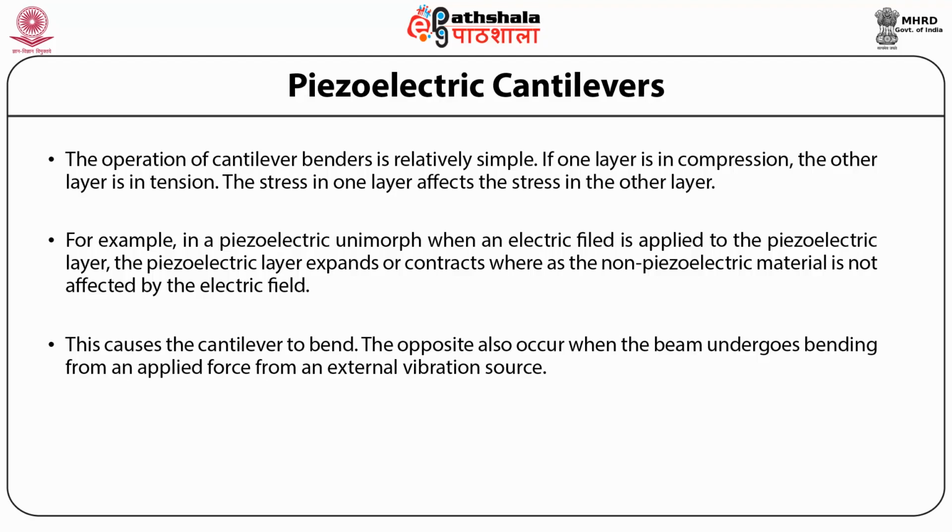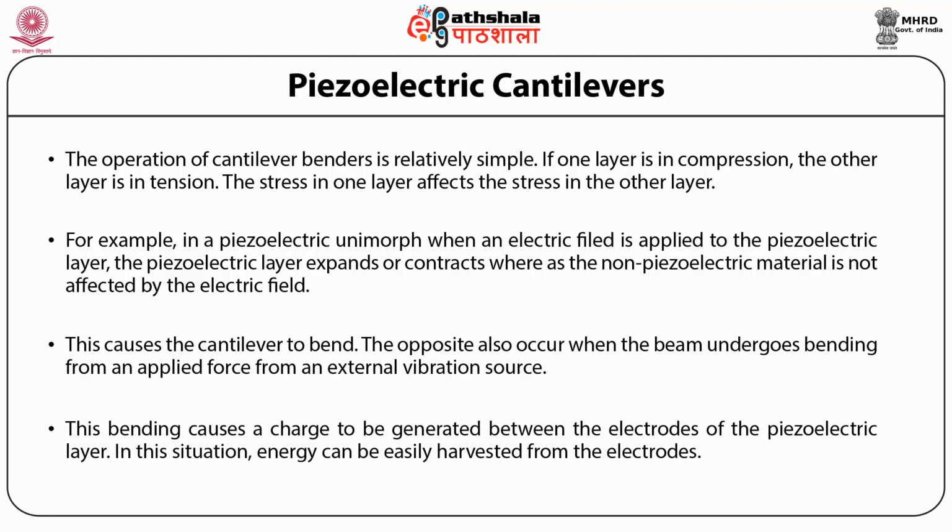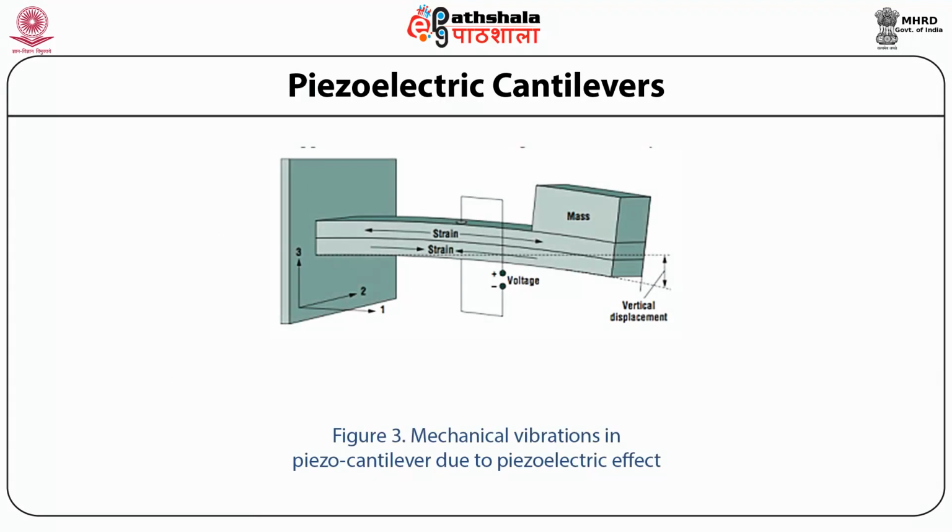The opposite also occurs when the beam undergoes bending from an applied force from an external vibration source. This bending causes a charge to be generated between the electrodes of the piezoelectric layer. In this situation, energy can be easily harvested from the electrodes. The given figure 3 here shows the mechanical vibrations in the piezo cantilever due to the piezoelectric effect.